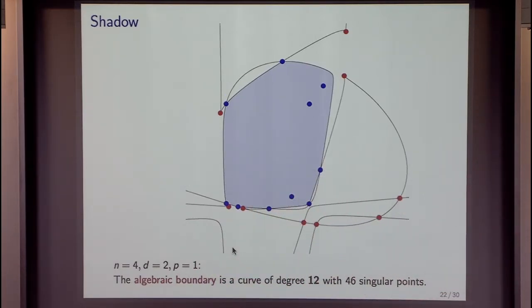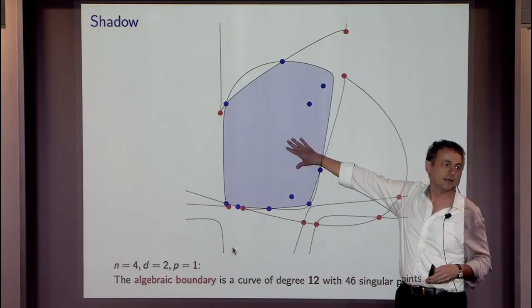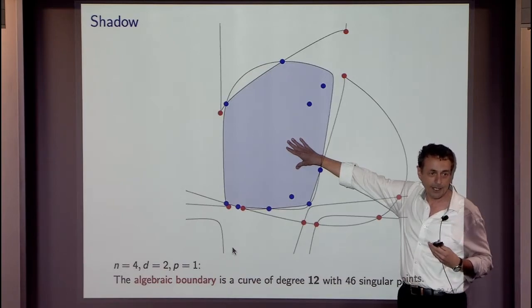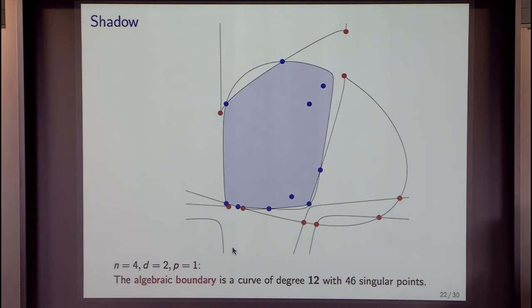So the upshot is there are serious obstructions. Even if you see this nice convex body in the plane that doesn't look too bad, it has a very high degree of singularity in the complex curve in order to be liftable into 3-space.